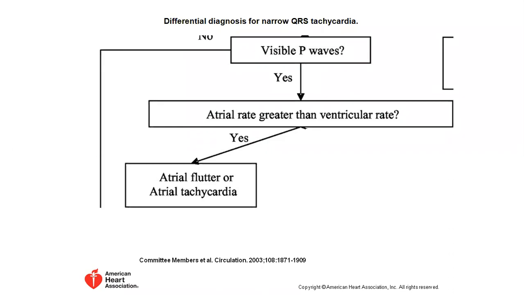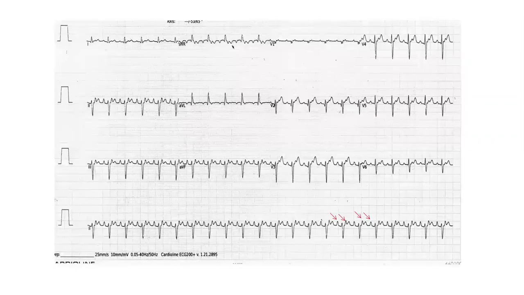If you have more P waves than QRS, this is atrial tachycardia unless proven otherwise. And this atrial tachycardia can be anything, focal or macro reentrant. So in a regular narrow complex tachycardia, when you see P waves and the P waves are more than QRSs, that is an atrial tachycardia, right?